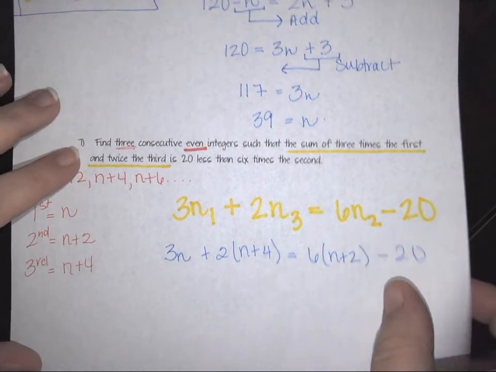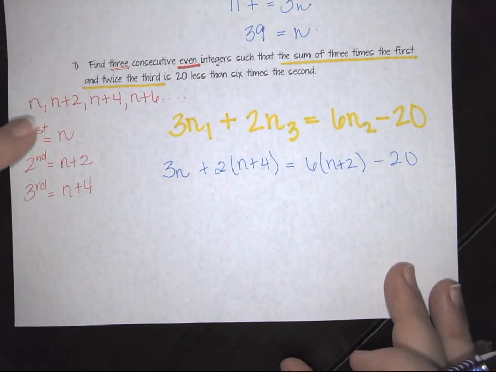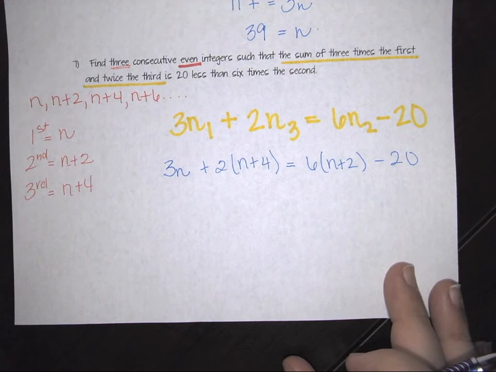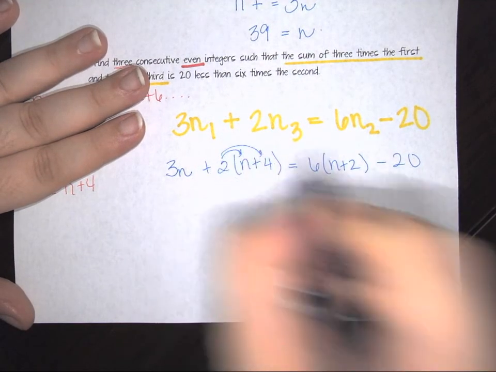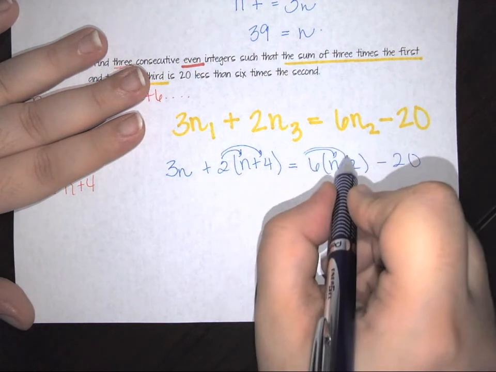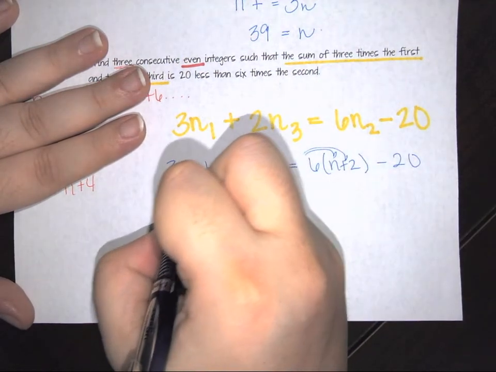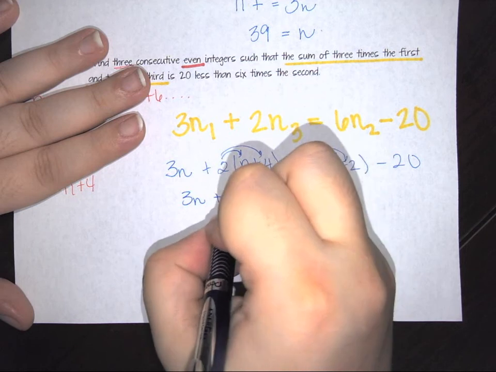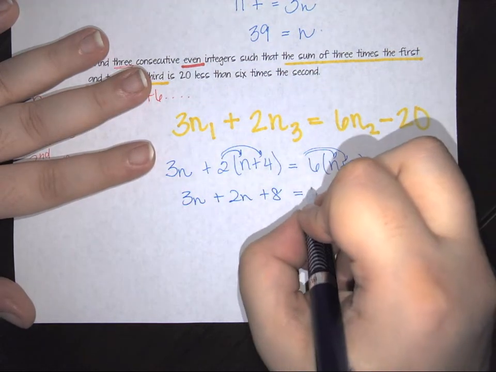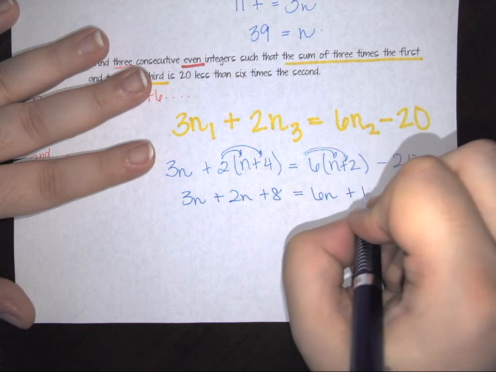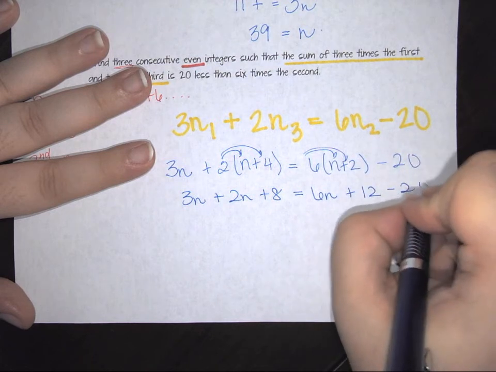Now all you have to do from here is find n, which will then give you your 3 integers. So here we have to distribute on both sides of my equation. So you're going to have 3n plus 2n plus 8 is equal to 6n plus 12 minus 20.